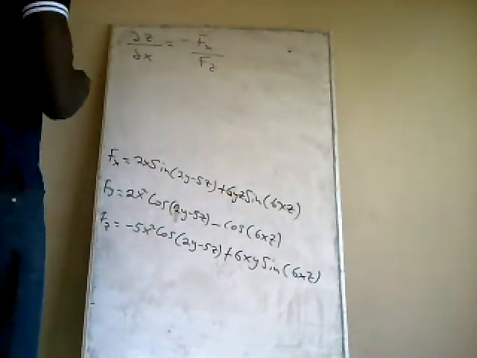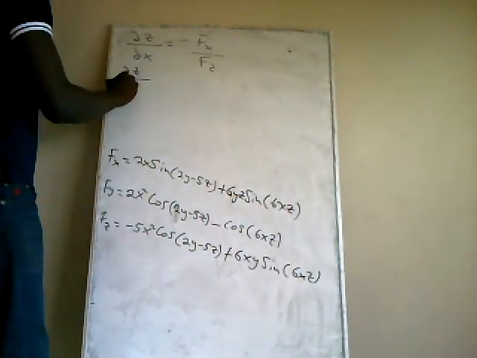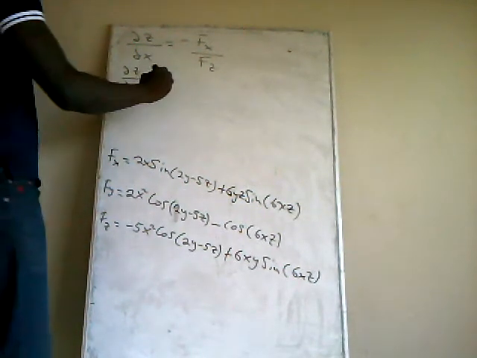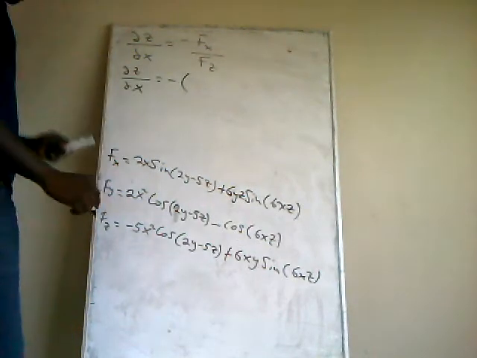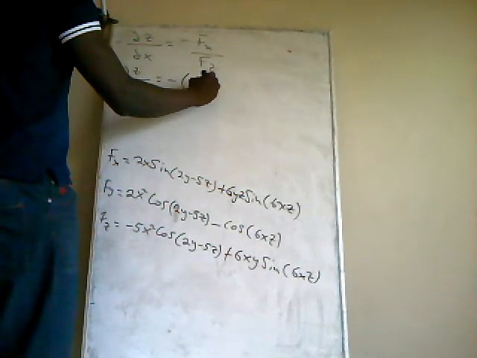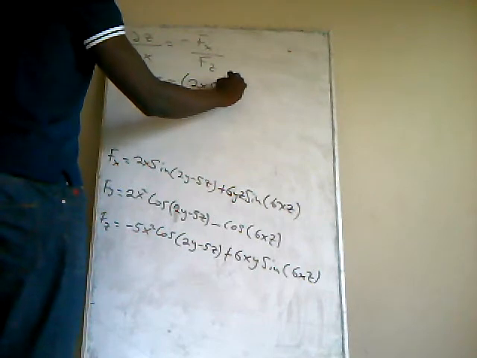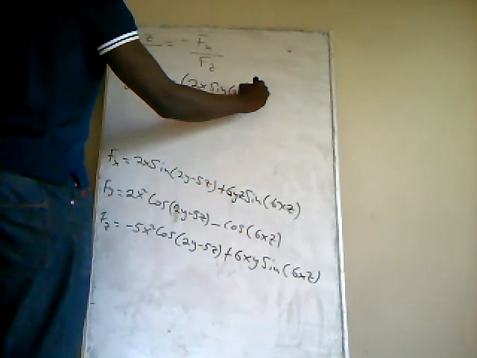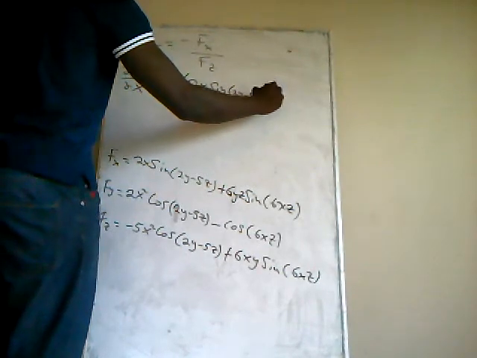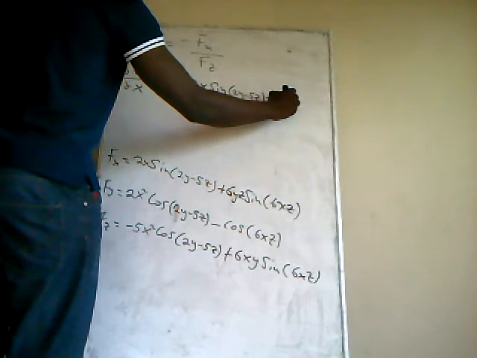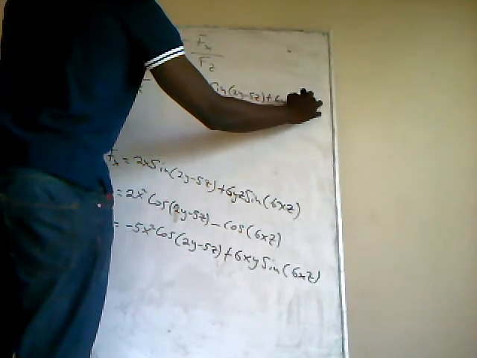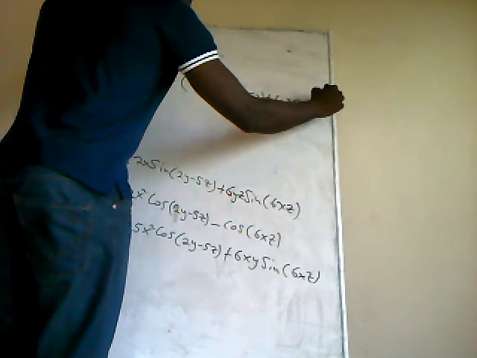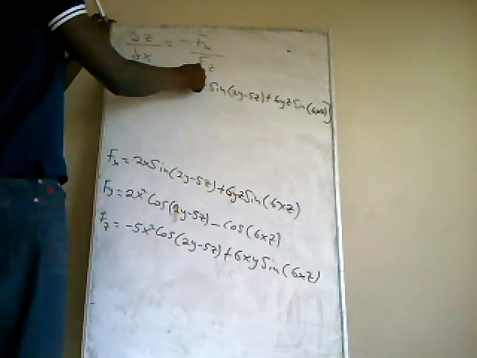So del z, del x is simply minus, into brackets, fx, which is 2x sine 2y minus 5z plus 6yz sine 6xz, all inside the square bracket.